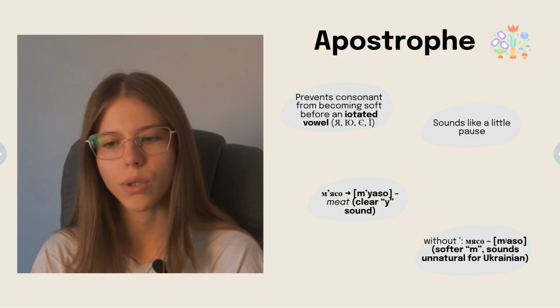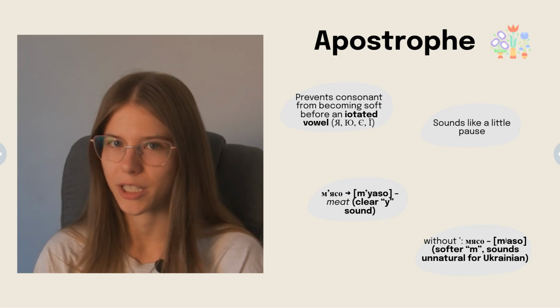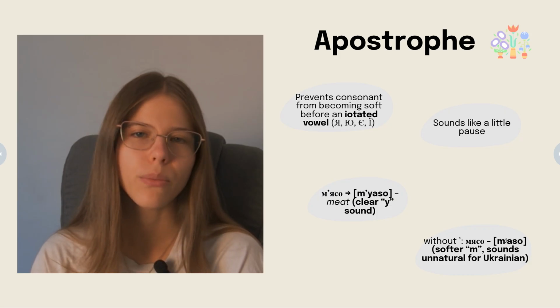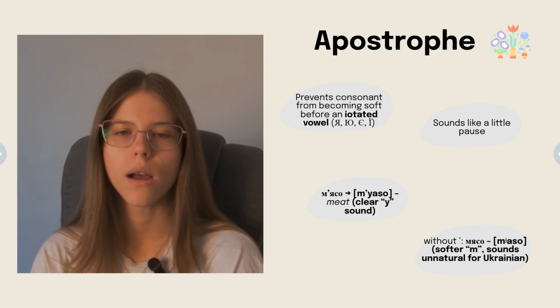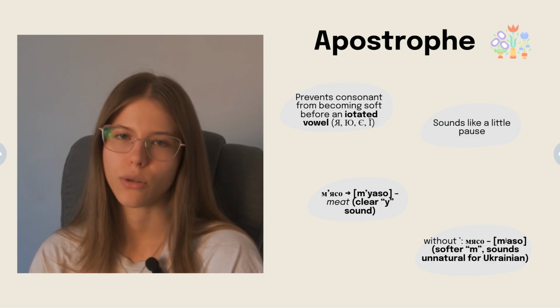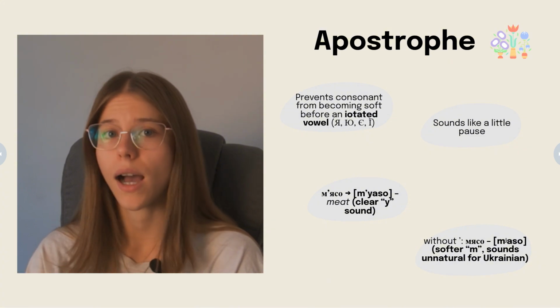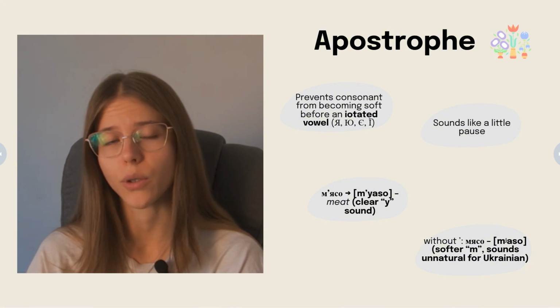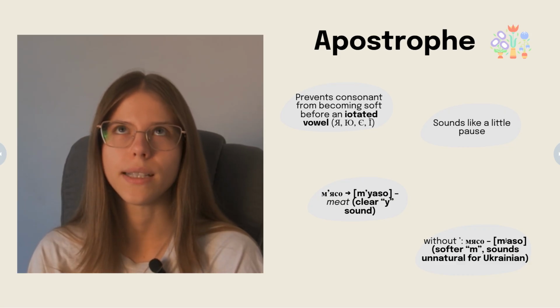Without the apostrophe it will be miaso, and that's not correct. We have the m sound, we need to have m. M'yaso. We need to pronounce m hard, and then ya, because letter ya consists of these sounds, and s, o at the end. M'yaso.